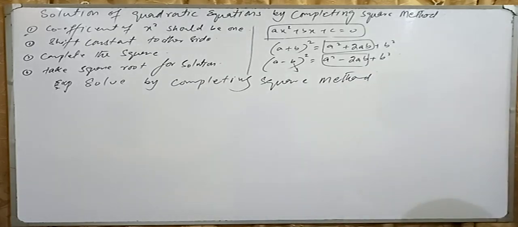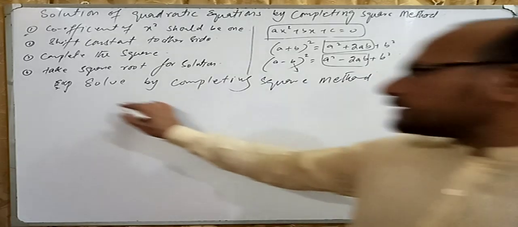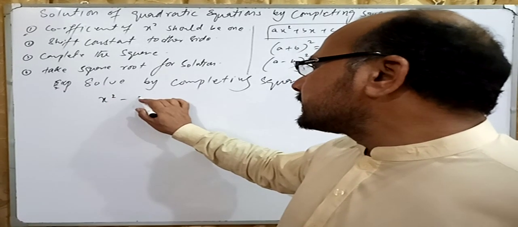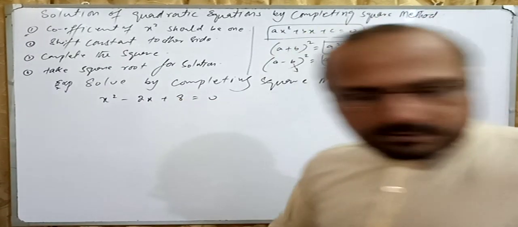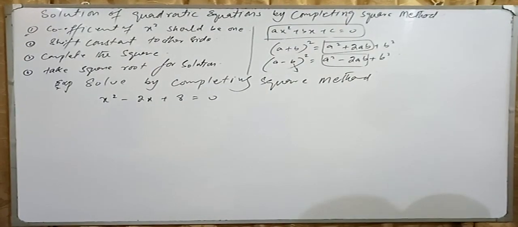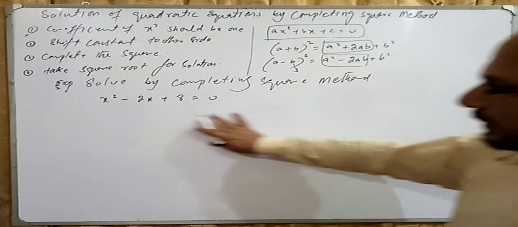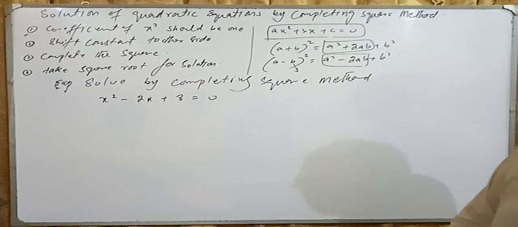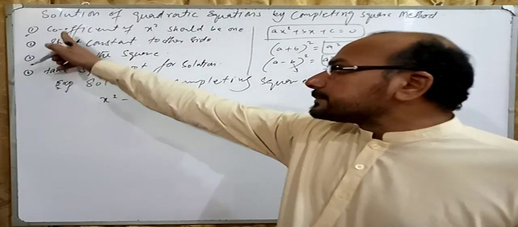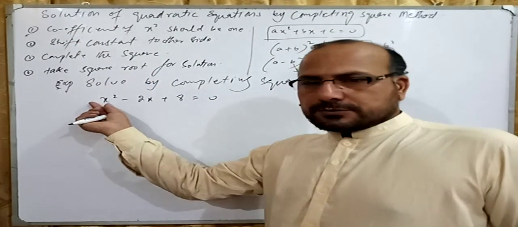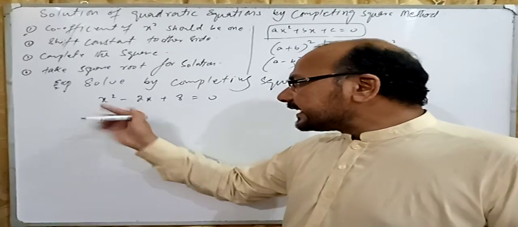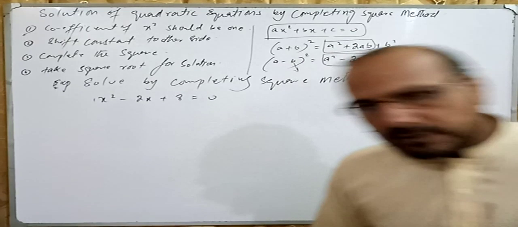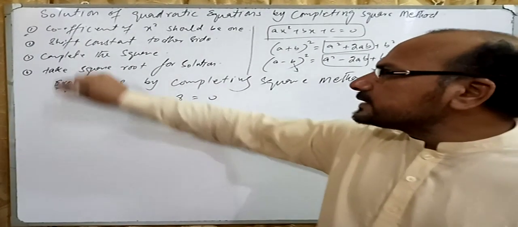Suppose we have an example like x square minus 2x plus 8 equal to 0. Suppose this is the given equation. What we have to do, first step, check the coefficient of x square. If it's not 1, then convert it into 1. But here the coefficient of x square is already 1, so no need to apply the first step.